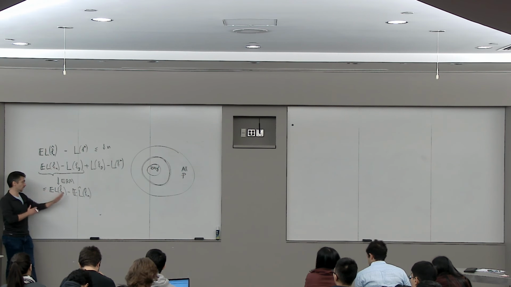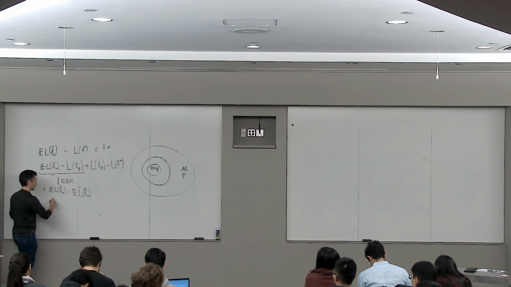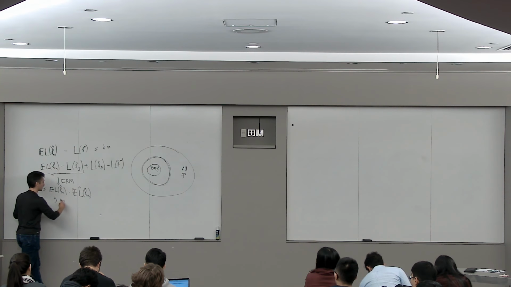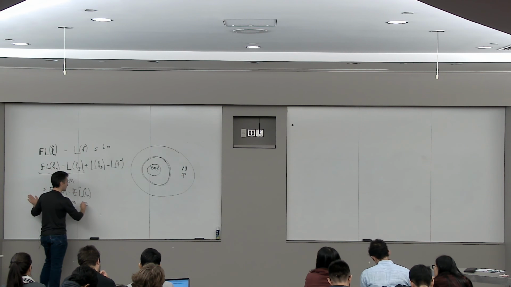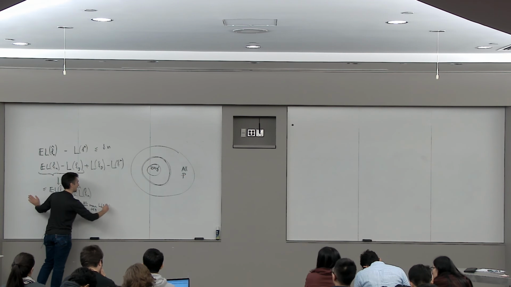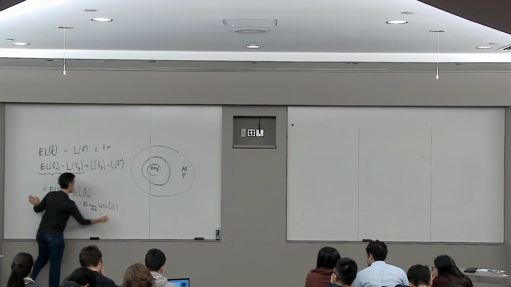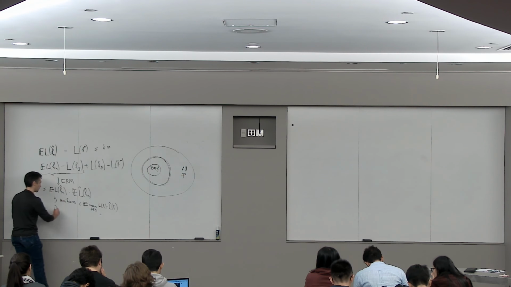You could consider the worst case over f. The first approach is uniform deviations: we're going to replace this with a further upper bound of the expected max over f in F of L of f minus L hat of f. The second approach is going to be based on stability and compression.